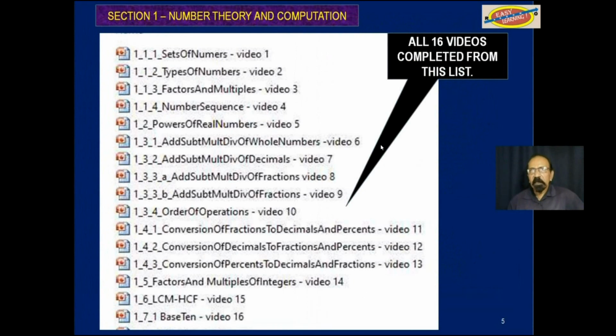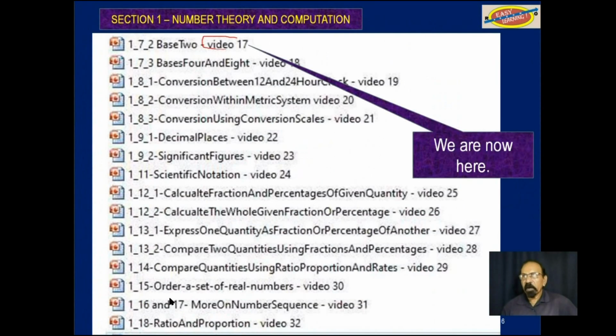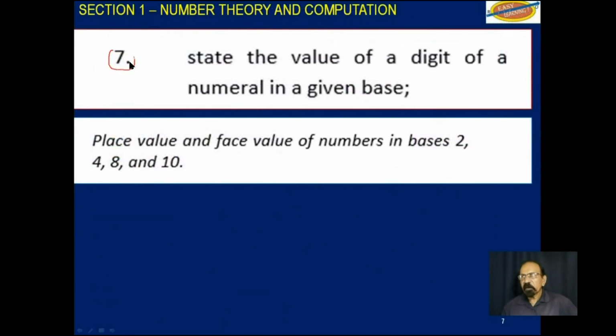At this point, I can comfortably say that we have completed 16 videos, and this is now the 17th one. So we have completed everything on this list. We are now here, video 17 from objective 7. So objective 7, section 1, students should be able to state the value of a digit of a numeral in a given base.